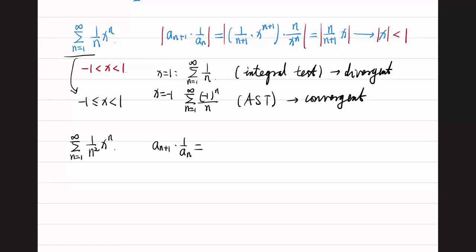We replace n by n plus 1. We get n plus 1, x to the n plus 1, and I flip this term. I get n squared x, simplify.